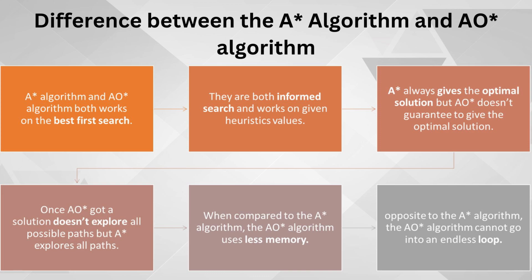Once AO star gets a solution, it doesn't explore all possible paths, but A star explores all paths. Compared to A star, AO star uses less memory. Opposite to A star, AO star cannot go into an endless loop.